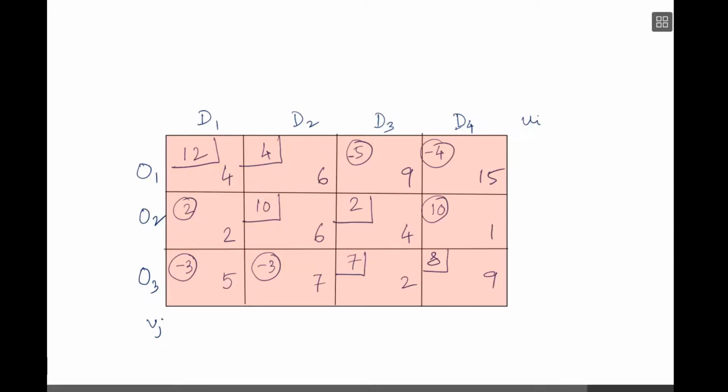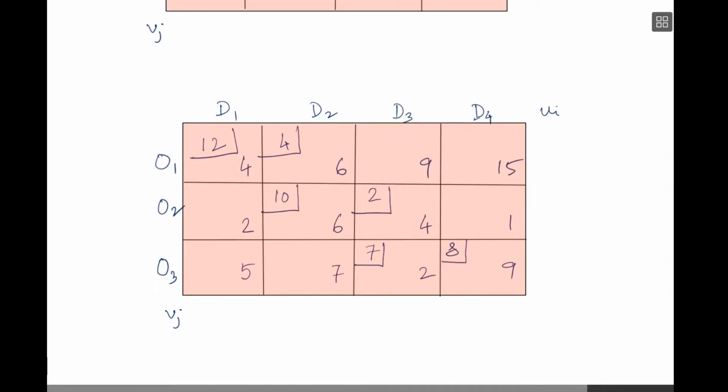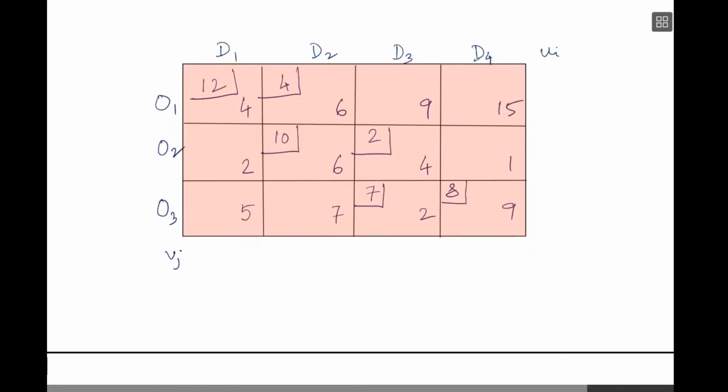We now consider only the allocations instead of the net evaluations, as in the next table here. Yes, we will make some allocation in the 2,4 cell. Suppose we make the allocation theta here.